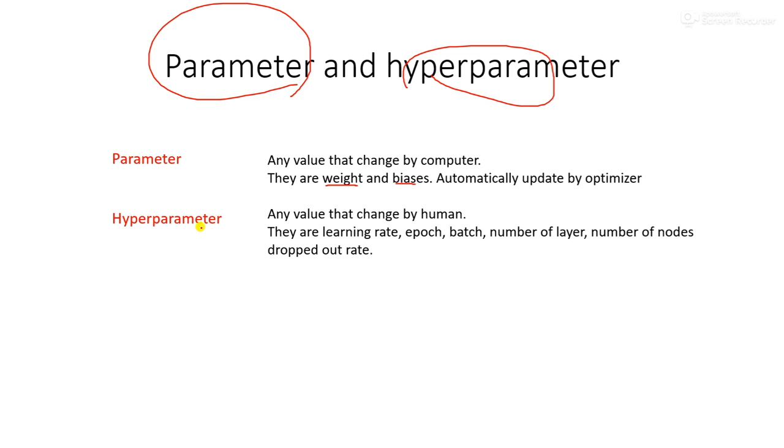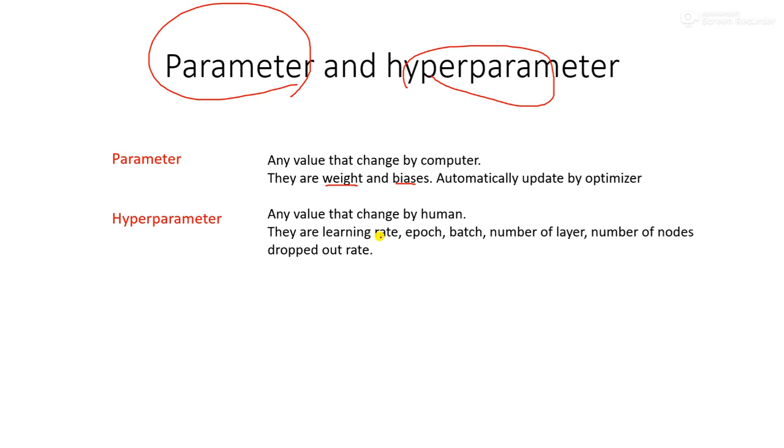And hyperparameter means any value that is changed by human. What did you change? The learning rate. We're gonna set it high or low, depending on me. Epoch, depends on me. I can set it 40, 50 or 60 or even 100 or million. Batch. Batch is simply if you got 100 inputs divided by 2 batches, you're gonna run it batch by batch.